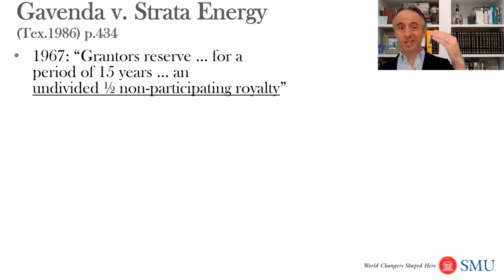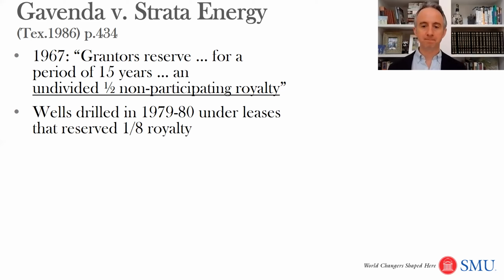Keep in mind, this is now 1967, so it's over 50 years ago when a lot of people had 1/8 royalties. This says, no, I want a 1/2 non-participating royalty. Notice that this was created by the landowner when they sold it. So the grantor said, I'm selling you the land, but I'm reserving for myself a 1/2 non-participating royalty.